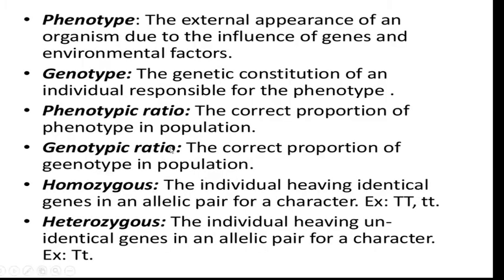If both the genes are same, then that condition we call homozygous condition. You can see capital T, capital T. So the condition in which both in an allelic pair the identical genes are present, or both the alleles are same, that we call homozygous condition.